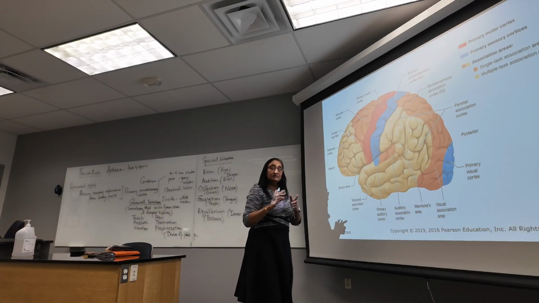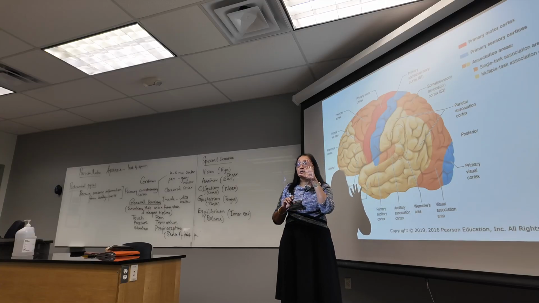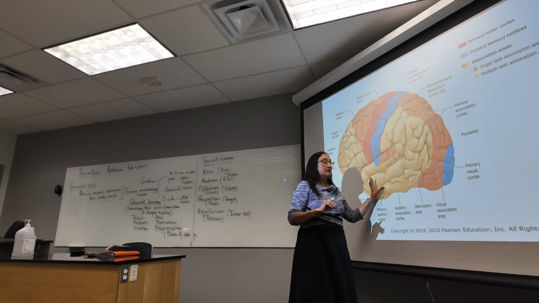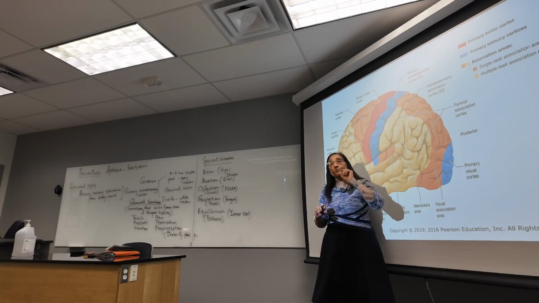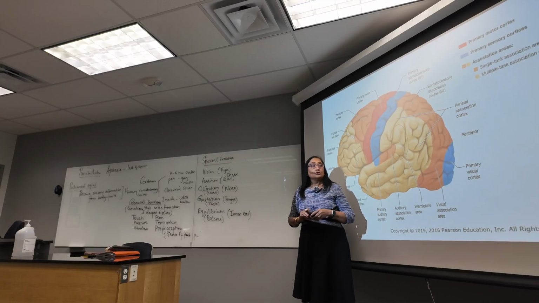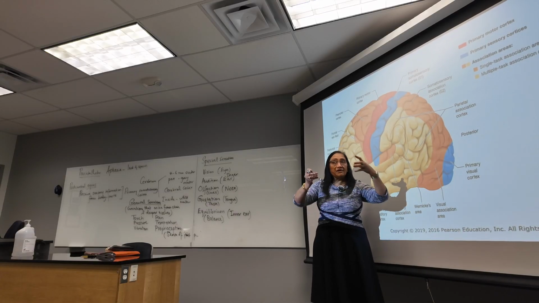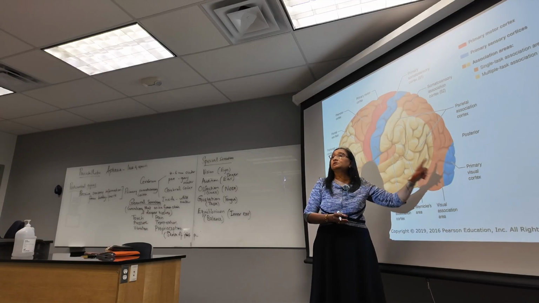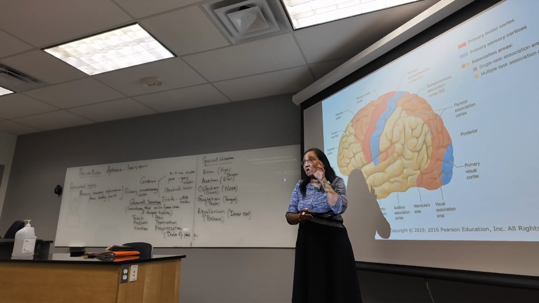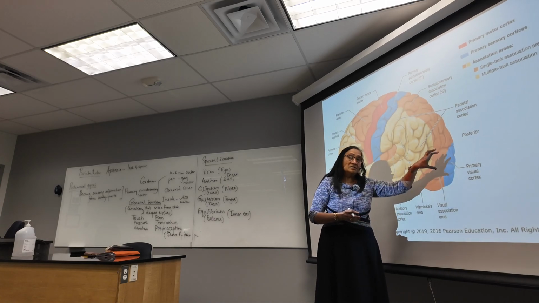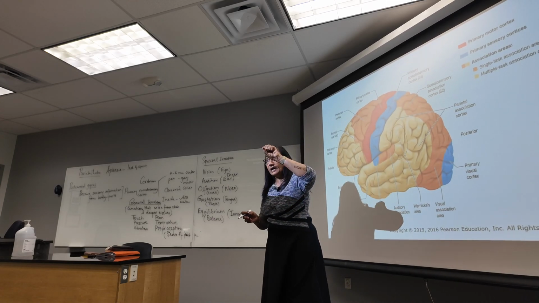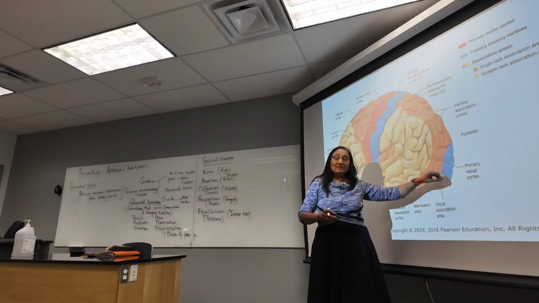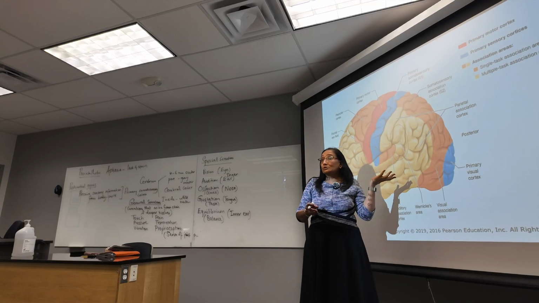Now, these special senses are controlled, or the information reaches, specific parts of the cerebrum. In the occipital lobe, everything that enters your eyes reaches the occipital lobe first. That's where the neurons here receive all the information from the eyes, then they analyze it, they interpret it, and you're able to see.